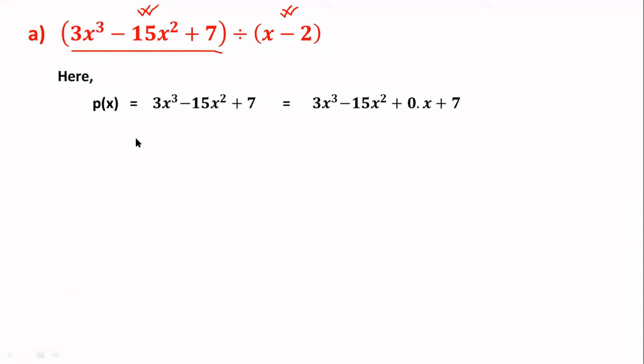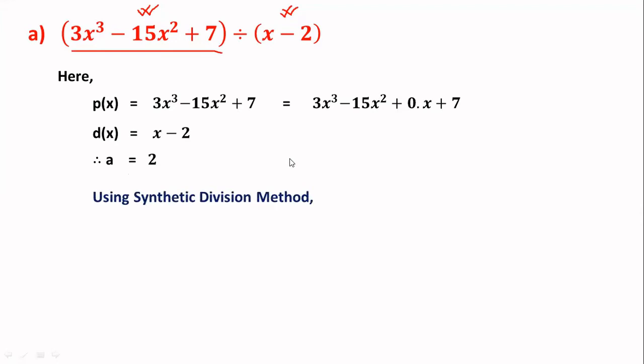Now here the polynomial p(x) is going to be written like 3x cubed as it is, minus 15x squared as it is, plus 0 into x. We know that 0 into x would be 0, which will be easily removed, and again we get the same polynomial p(x), plus 7 as it is there. So in this way, the coefficients of polynomial p(x) are 3, minus 15, 0, and 7. Now our divisor d(x) is already in the form of x minus a, so we can easily write that the value of a is 2.